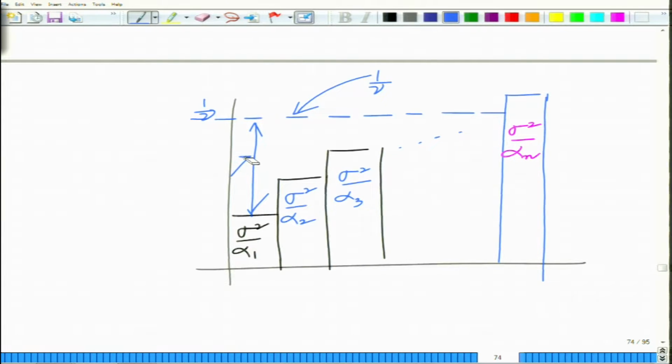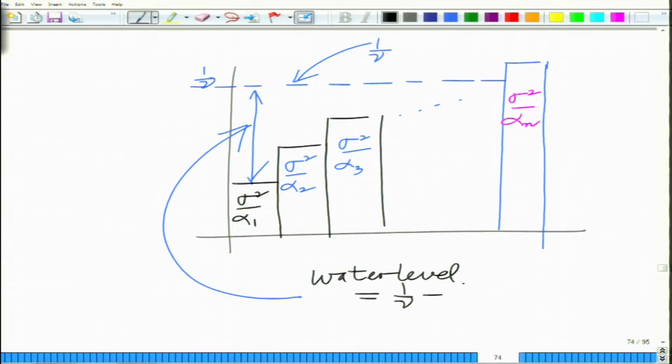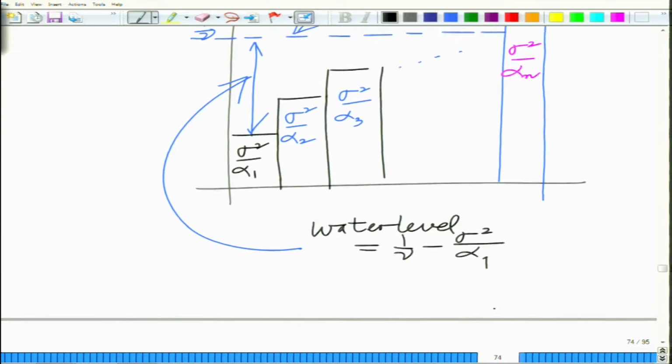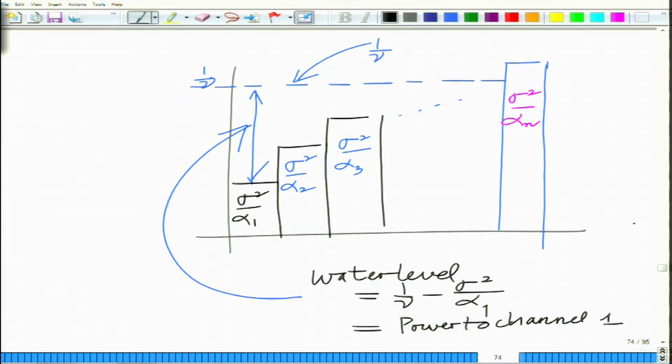So, if you look at the water level here, 1 over nu minus sigma square by alpha 1 is the power allocated to channel 1. Similarly, if you look at this level, this is basically your 1 over nu minus sigma square by alpha 2.